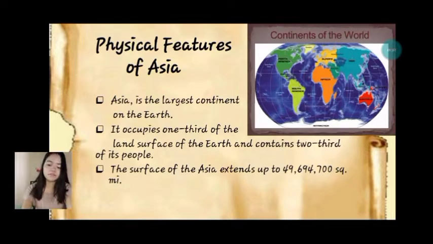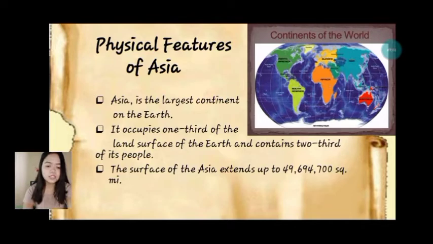So, proceed to the physical features of Asia. At the top right side, we can see the continents of the world. The blue one is Asia. Asia is the largest continent on earth.